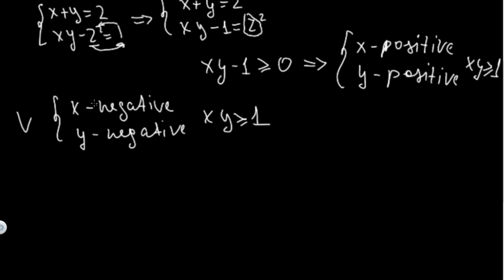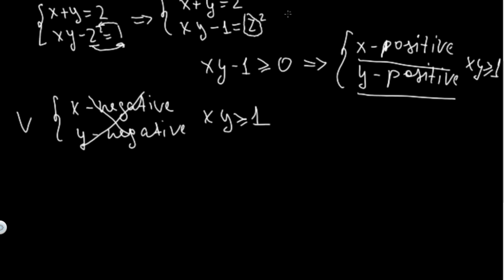So this one doesn't satisfy us; only the positive one does. Also, you can't have irrational numbers here, because if you add a rational and an irrational number, you always get an irrational number. So the only solution here is rational numbers.